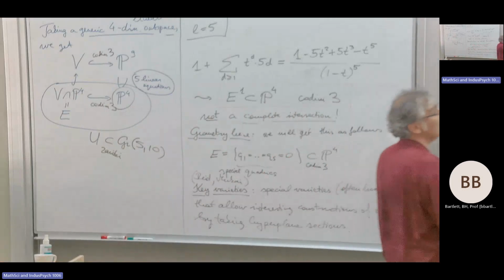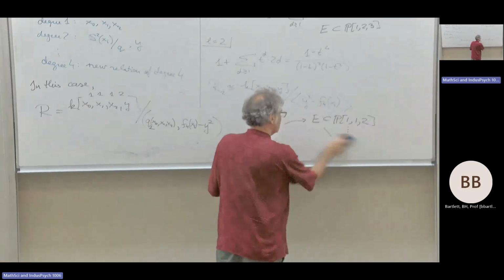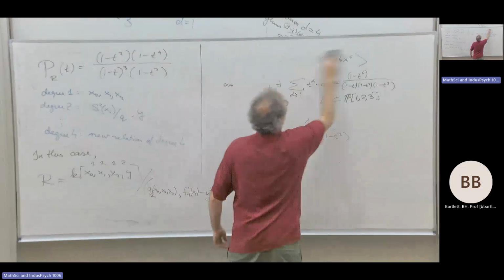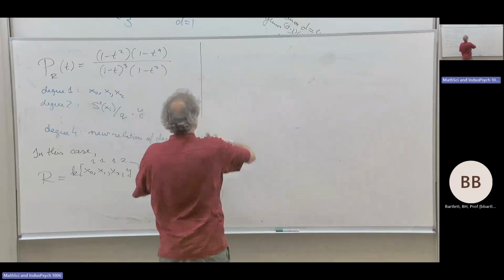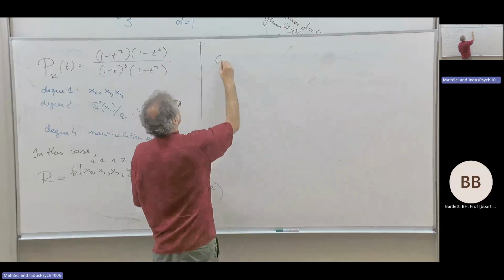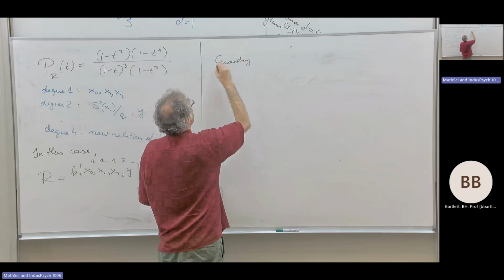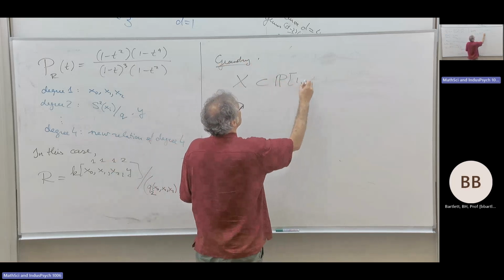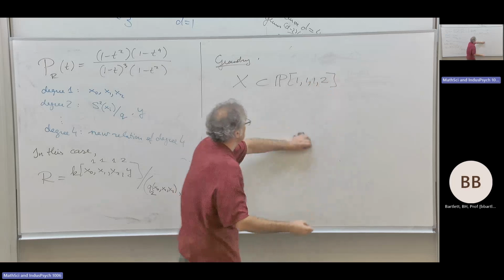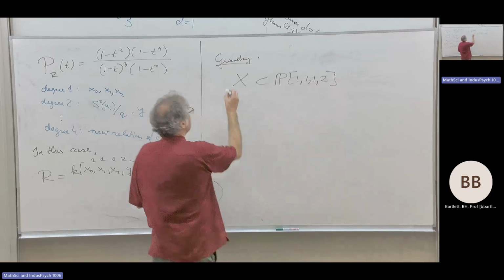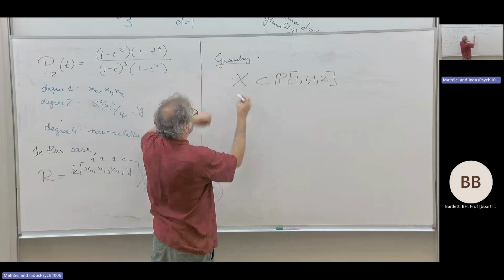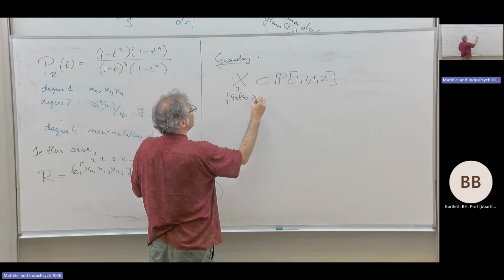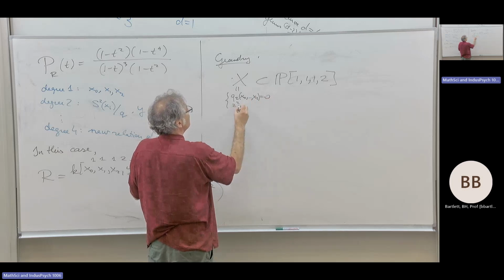And what is the geometry here? So I'll just finish with this geometry. In this case I have this variety in weighted projective space P(1,1,1,2), given by 2 equations, some second order equation in x0, x1, x2 and y squared equals f4.